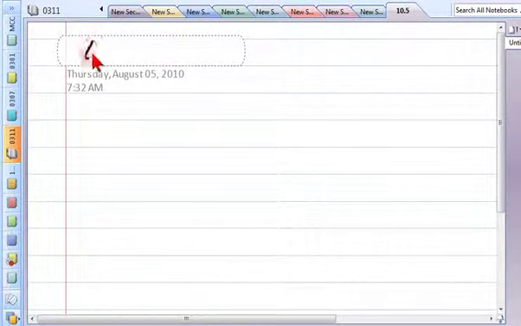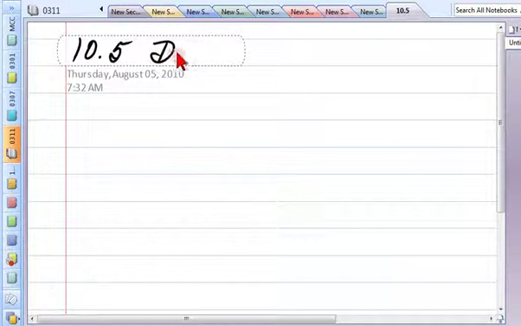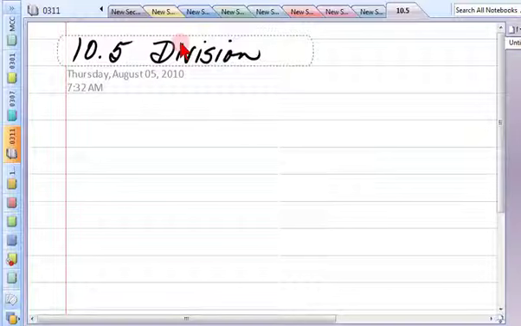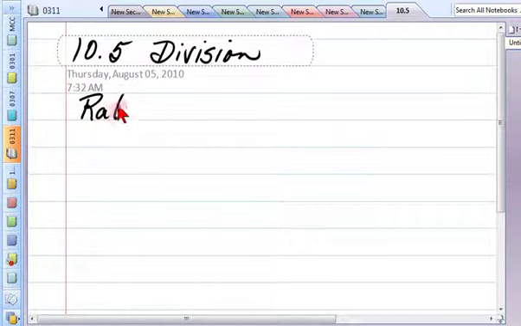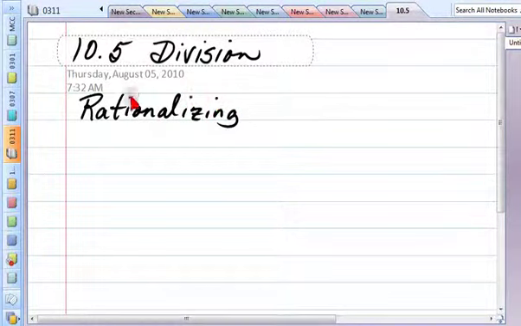Today we're going to look at section 10.5, and it has to do with division. You're really not going to get a sense that you're doing any division, but we're going to make sure that we do something called rationalizing the denominator.